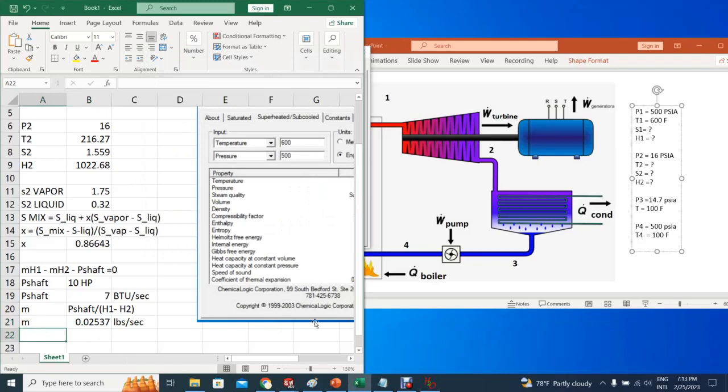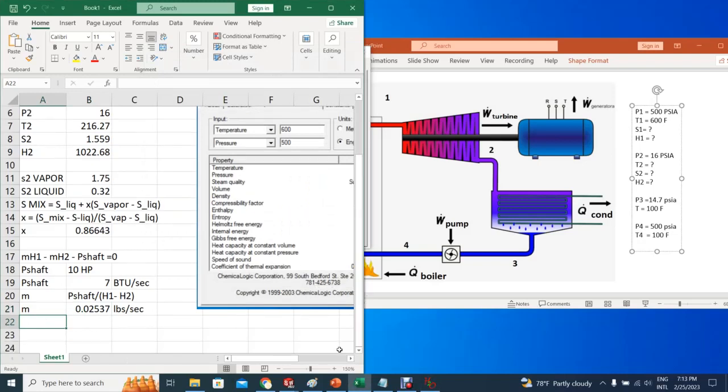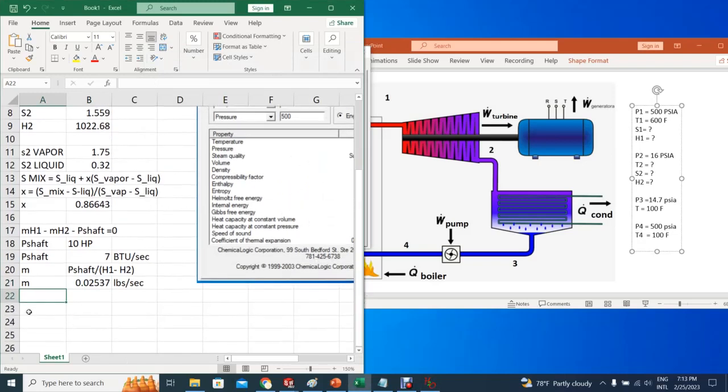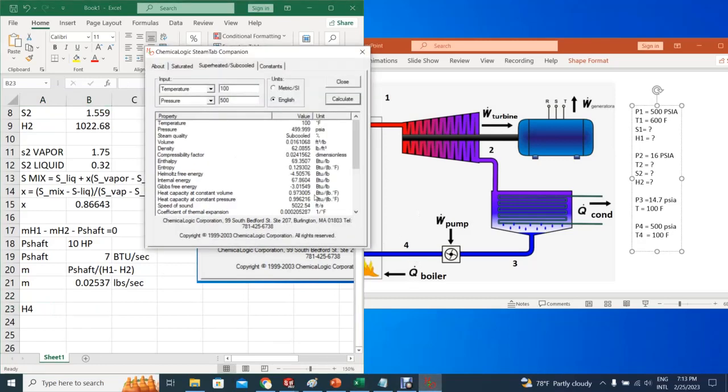So we write that down here. That's the enthalpy of condition 4. So the enthalpy here, as I was saying, is about 69.35.